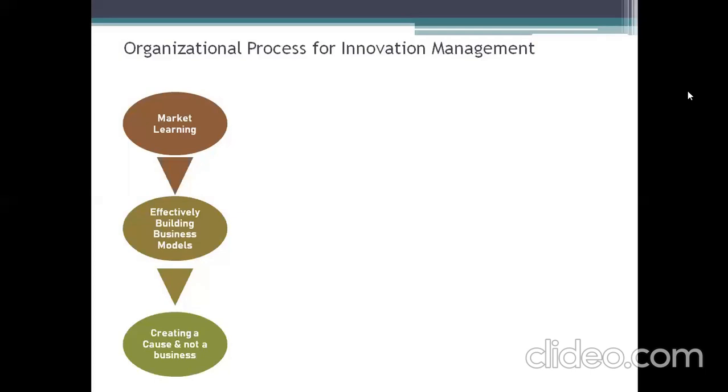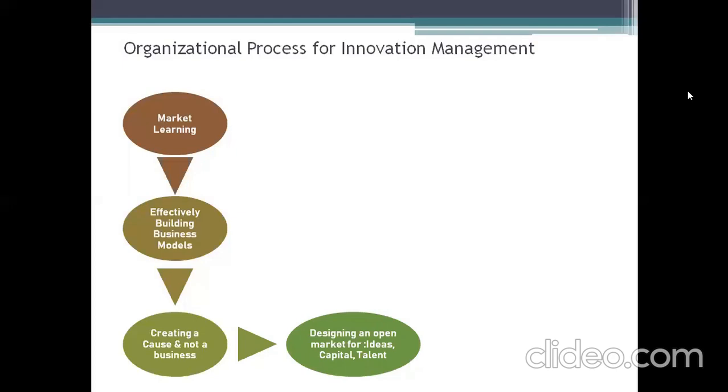So in innovation management, in the first three stages we have done the market learning, made the business model, and created a cause, not a business. After that comes designing an open market for ideas, capital, and talent. Now we are on the path of creating innovation within the firm, giving a chance for innovation to happen.